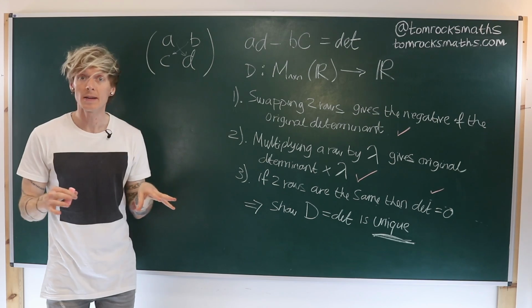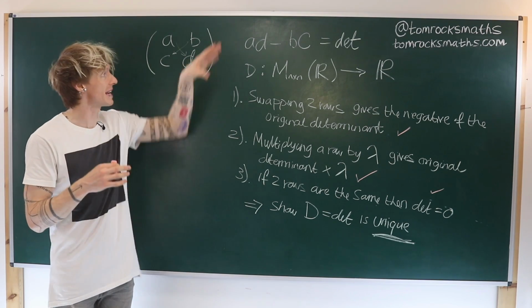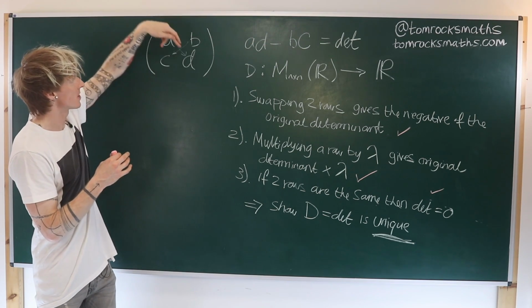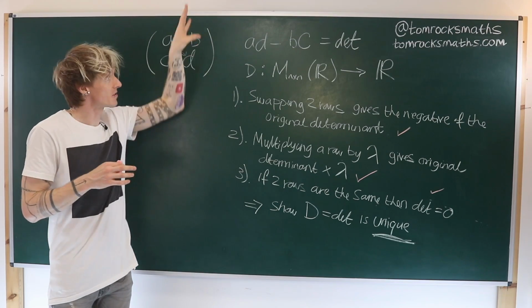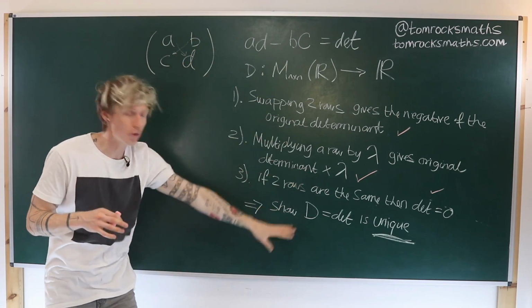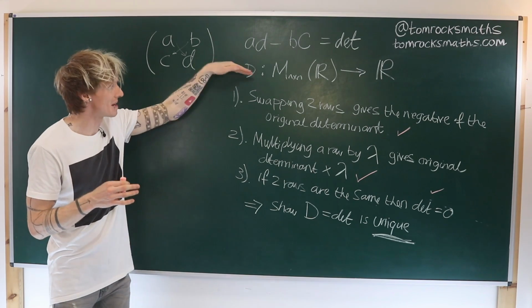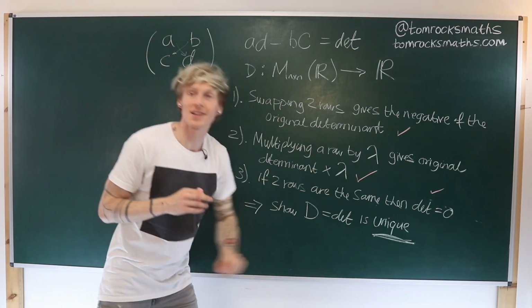So in summary, the function we have here, AD minus BC, i.e. top left times bottom right minus top right times bottom left, this function for a 2 by 2 determinant satisfies all 3 properties, so it satisfies everything required to be a determinant function, and then we just appeal to uniqueness.